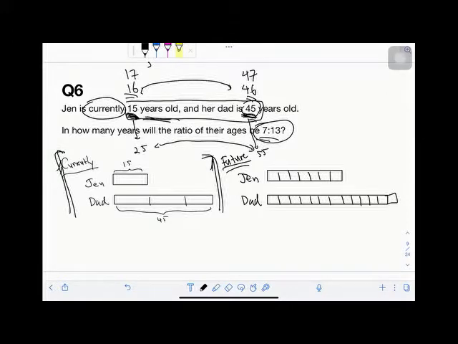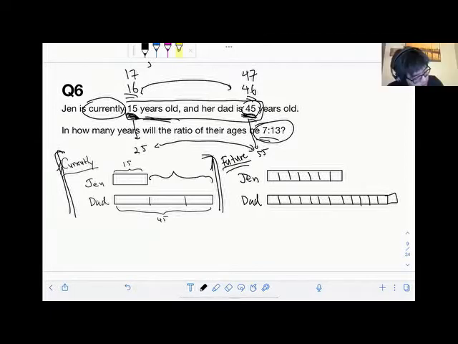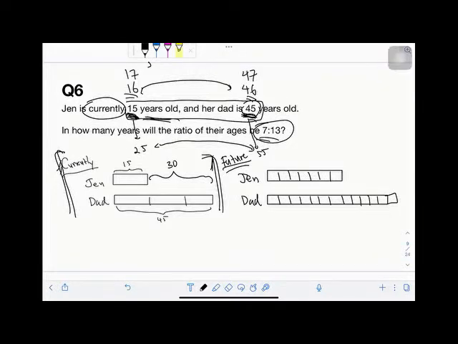Difference po nila is 30. Ayun. At kung kahit ilang taon yung lumipas po, ano po yung hindi nag-iiba? Yung difference nila. Ayun, nagets ko na. Okay, so yung 30, saan din po natin pwedeng ilagay?